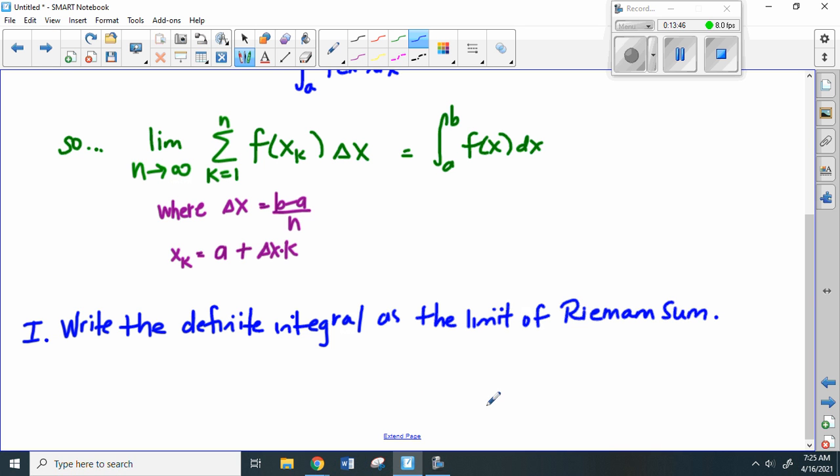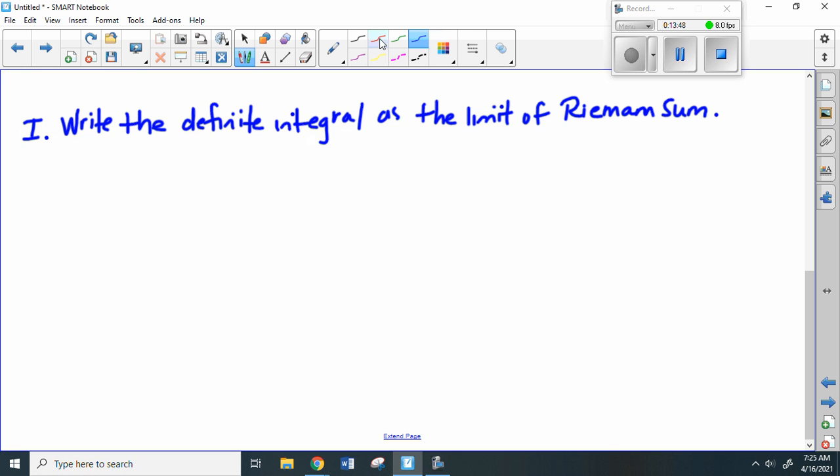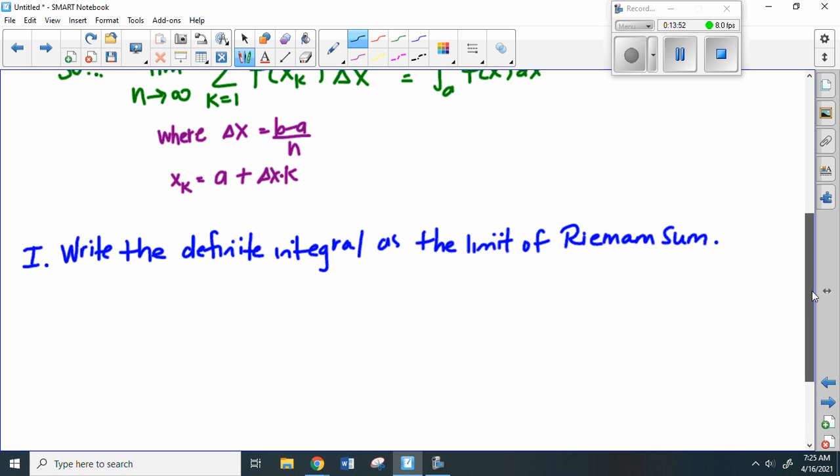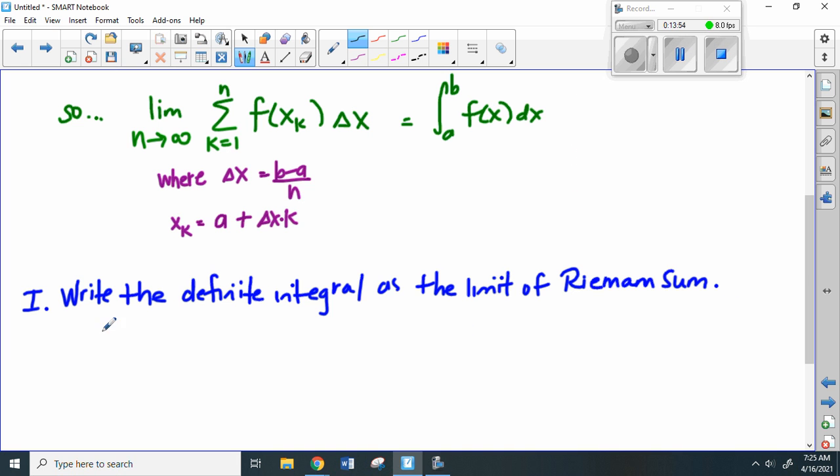All right, so here we go. For the first example, I have the integral from 0 to 3 of e to the x dx.